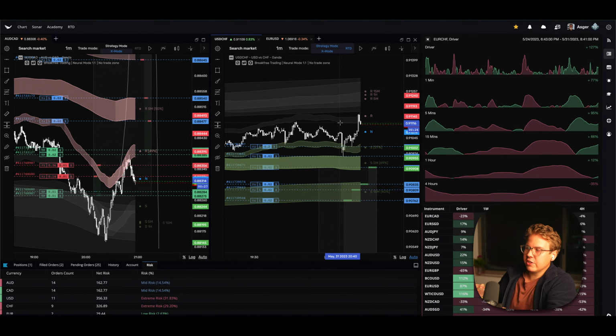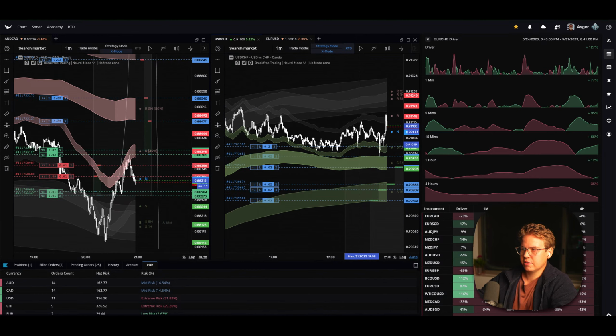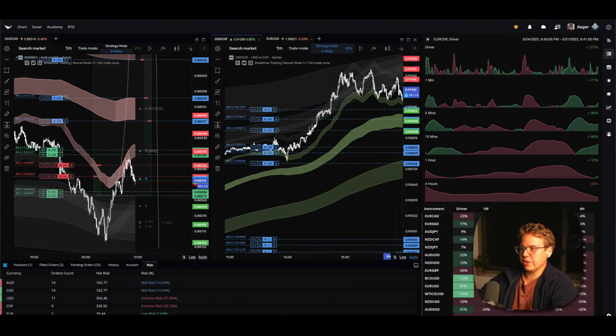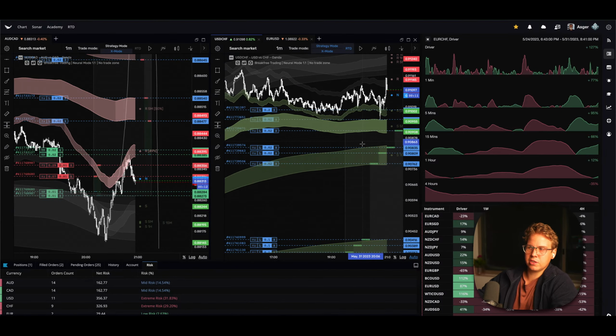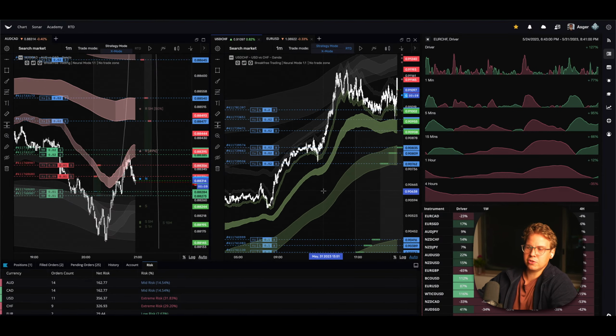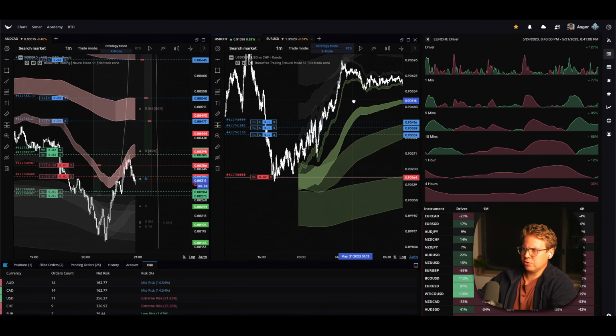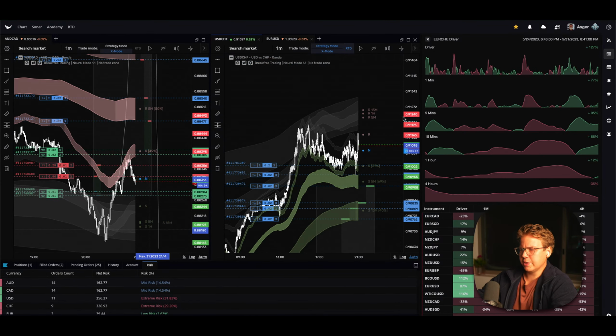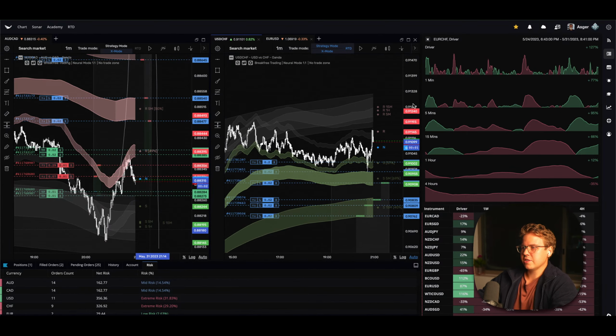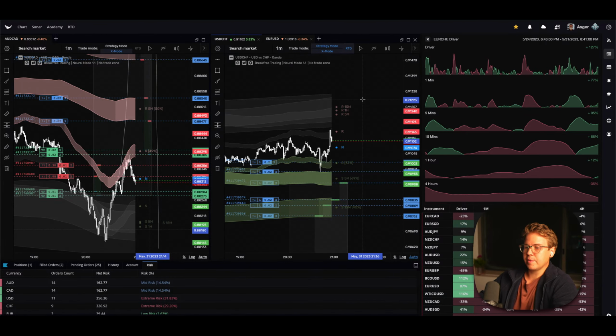Even without the backtest results, you can look at this and see how profitable it is just by looking at the interaction of how the price moves according to the bands, and it's doing really well. But of course, backtesting results would be a really nice touch, and it's coming.